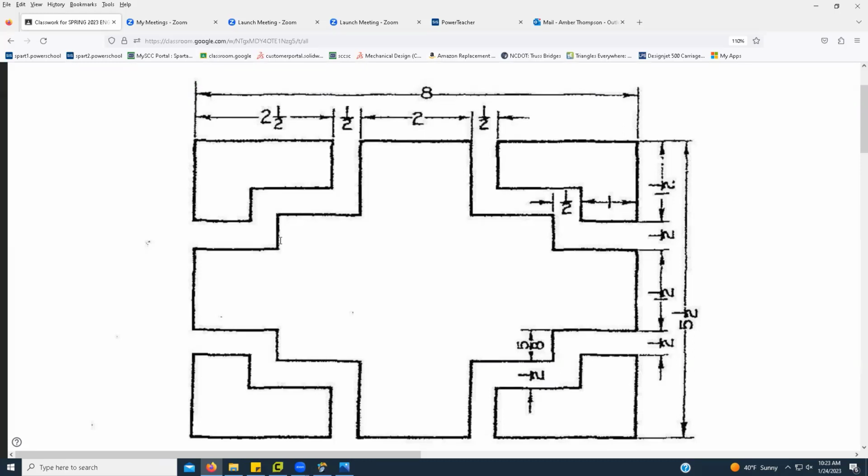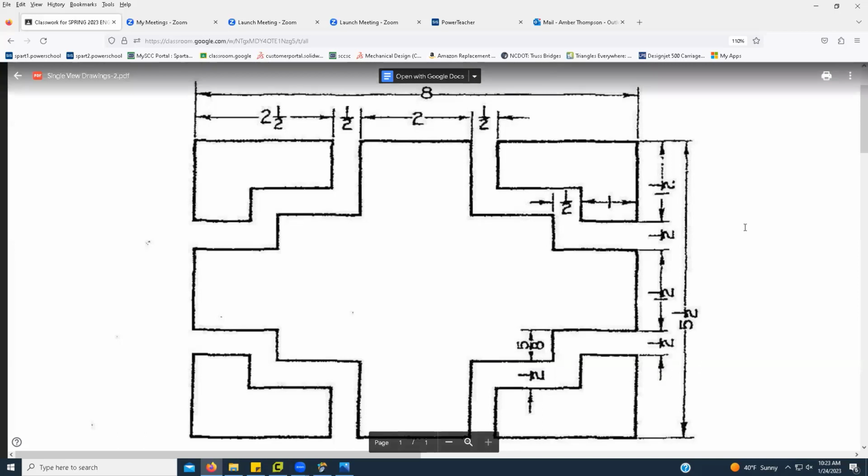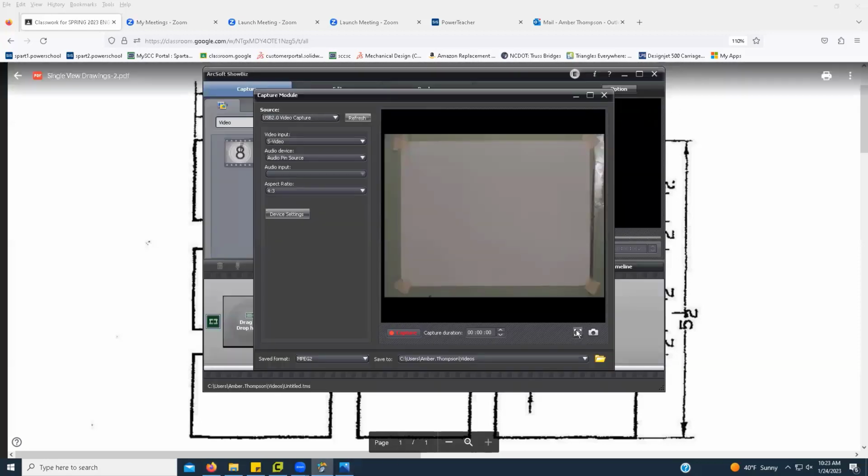So the overall width of this object is 8, and the overall height is 5.5. If we look at this as far as the size of our paper, we know that our paper is 8.5 by 11.